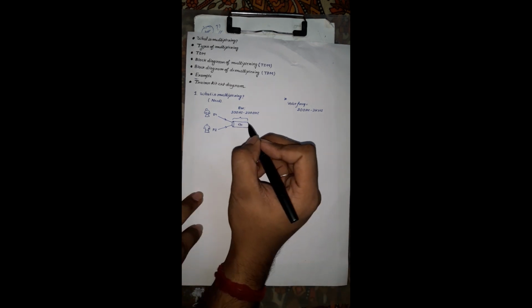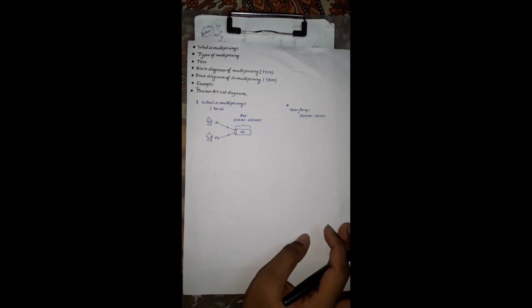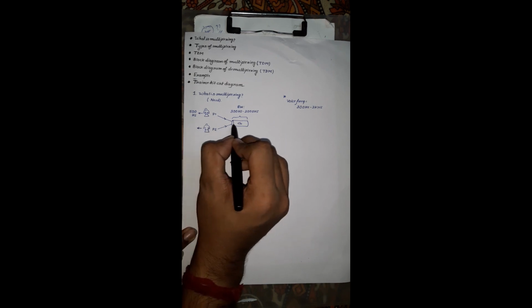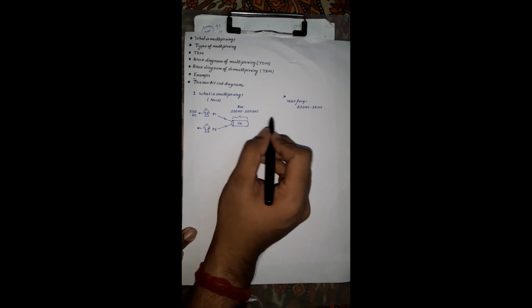Now you will observe that several people have several voice frequencies. Suppose this person is communicating with a 500 hertz frequency, and it may happen that the other person, communicating with some other person through the same channel, may have a 650 hertz frequency.